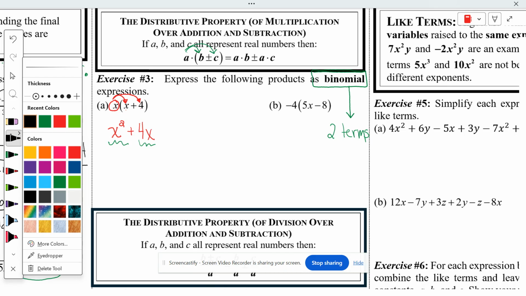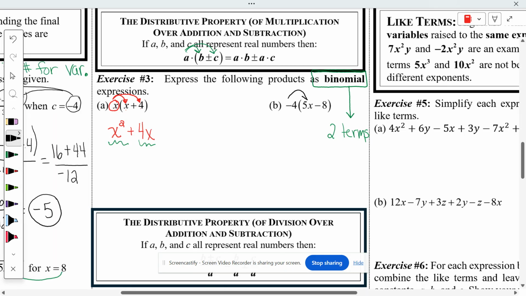Let's look at our next example, example B. Negative 4 times 5x and negative 4 times negative 8. Negative 4 times 5x is negative 20x, and negative 4 times negative 8 is a positive 32. Again, this has 2 terms.